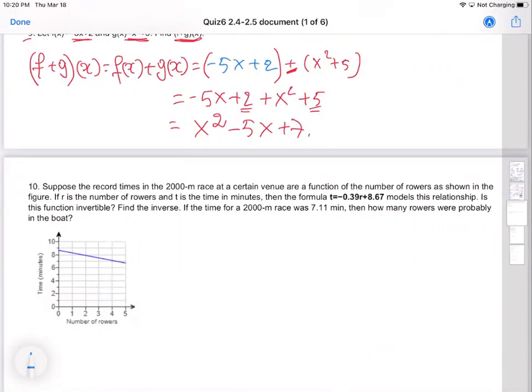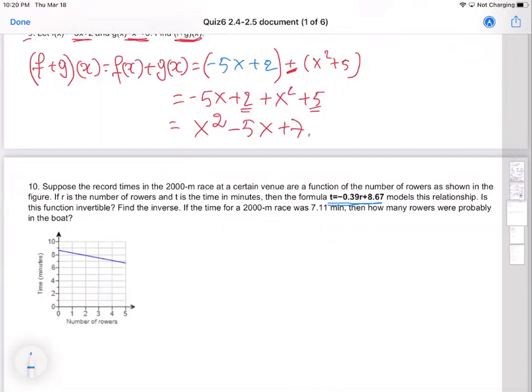If R is the number of rowers and T is the time in minutes, then the formula T equals negative 0.35 R plus 8.67 models the relationship. Is this function invertible? Find the inverse.